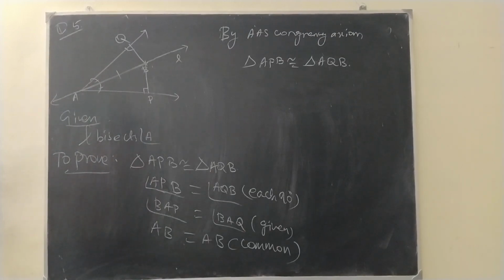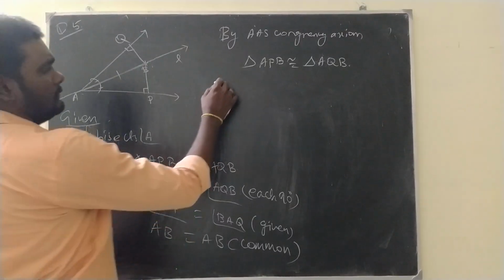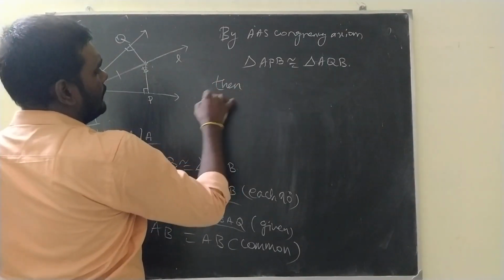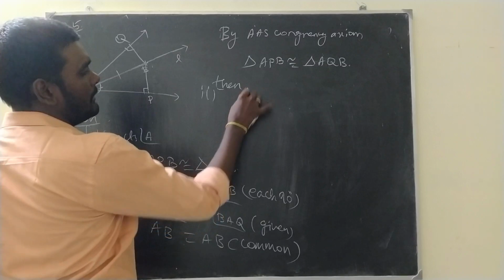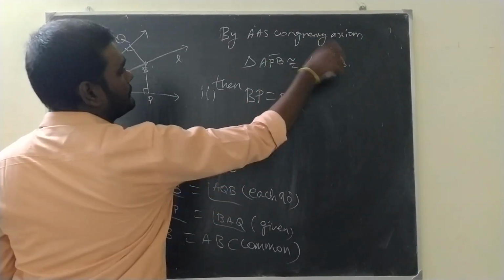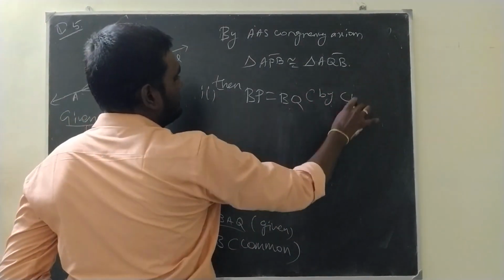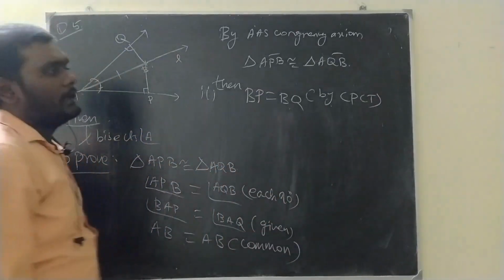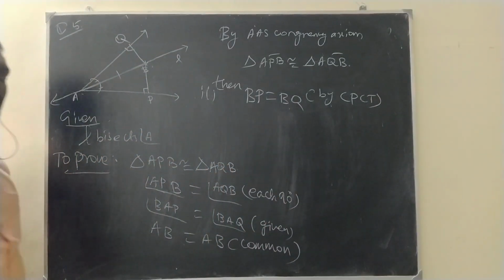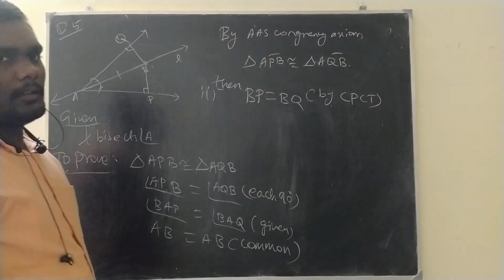No. Second thing, BQ is equal to BP, or B is equidistant from the arms. Then we can say the second subdivision, BP is equal to BQ. Why? The reason is CPCT, corresponding parts of congruent triangles, or we can say B is equidistant from the arms. That is all. Hence proved.